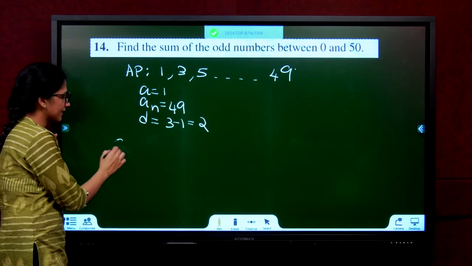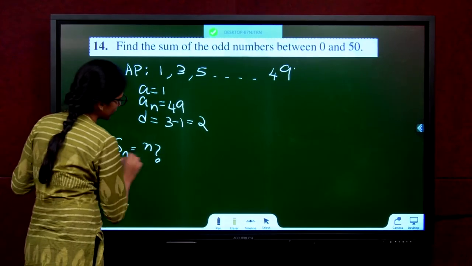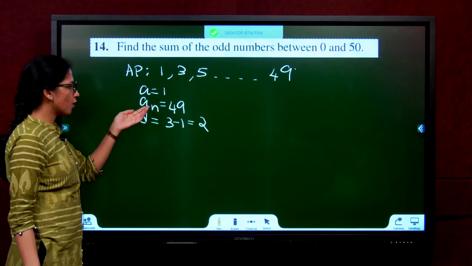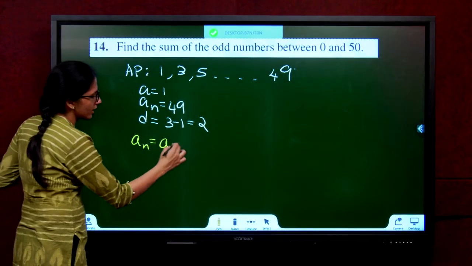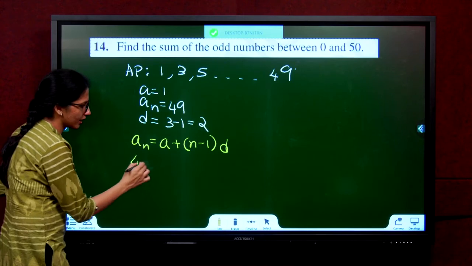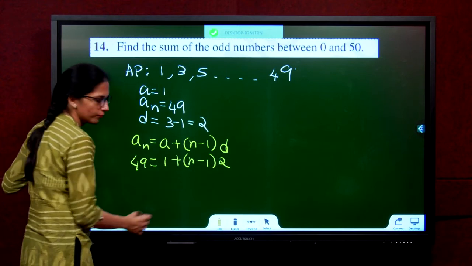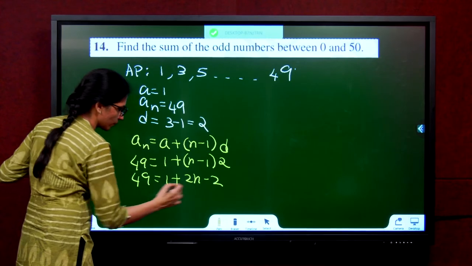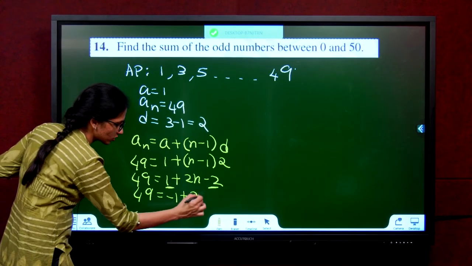But in order to find Sn, do I have n? No. So first you're supposed to find n. You have an. Can you find n from that? Yes. an is equal to a plus n minus 1 into d. 49 is equal to 1 plus n minus 1 into 2. 49 is equal to 1 plus 2n minus 2. 49 is equal to minus 1 plus 2n.